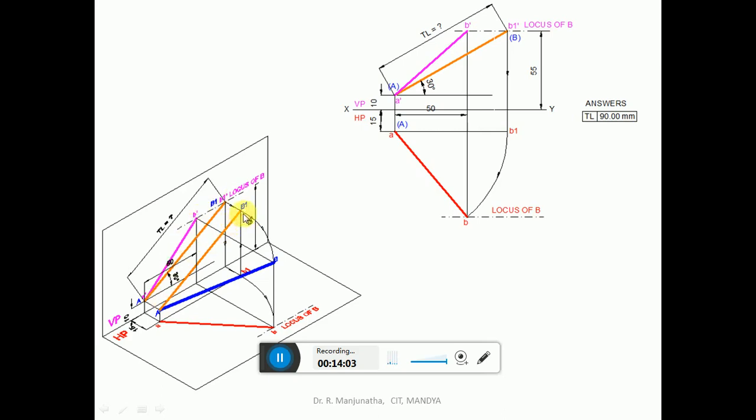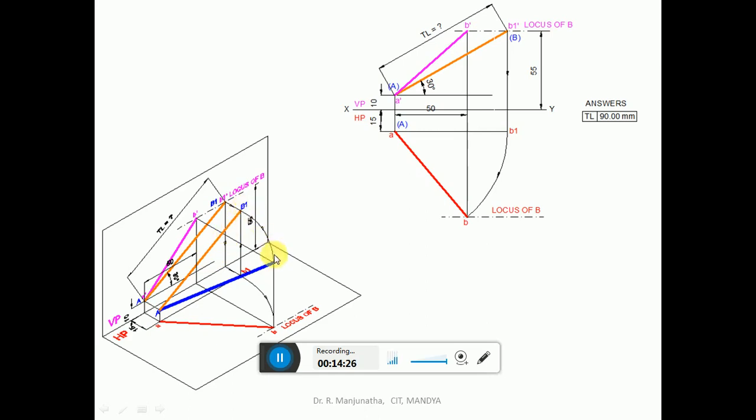Since this line is parallel to VP, now we don't know this locus here, but we know this end projector which is coming on this. So this is the true length in VP. So now when you project this, you are going to get the top view here. And what you are doing is rotating this AB1 in space with A as center and AB1 as the radius.